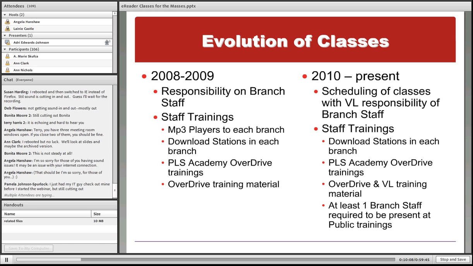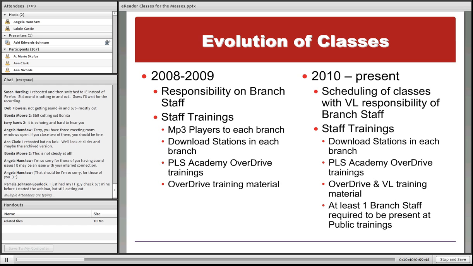Because the staff of the virtual library was much smaller than what it is right now, it was the responsibility of the branch staff to train customers on how to use the downloadable audio service. We supported them in that we gave each branch an MP3 player. Each branch has a download station where customers could come in with their device and download audiobooks there in the library.